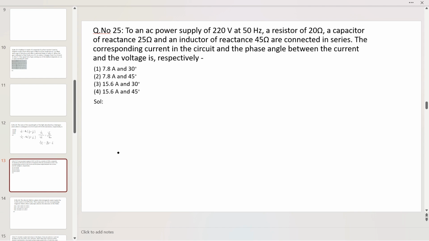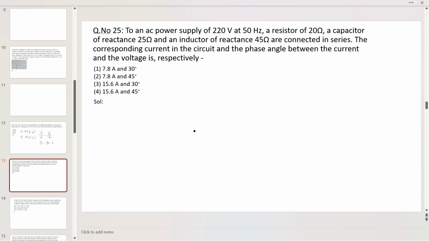This is a question on AC current, an AC supply of 220 volt at 50 hertz. The resistor, the reactance of the capacitor and the reactance of the inductor are given to you.